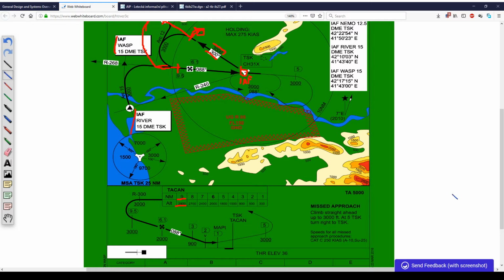And then if you quickly descend to 1,800 feet and you are at 5.9 miles, you should stop descent and wait for 5 miles to start descent to commence the correct glide path.